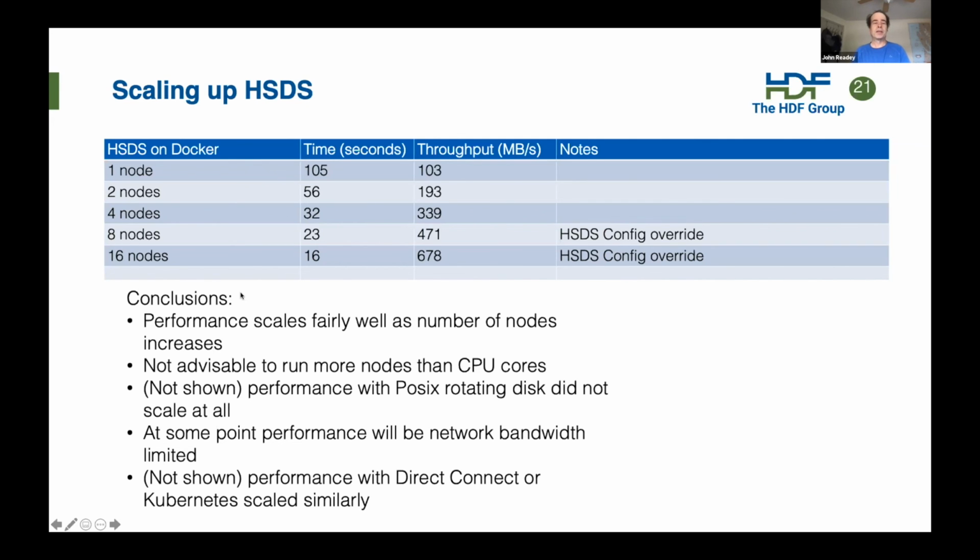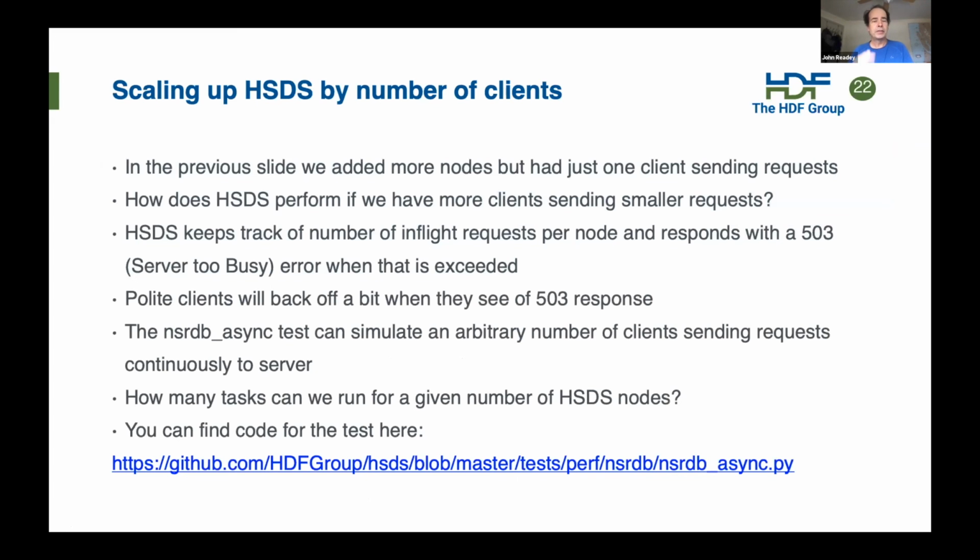Kubernetes performance scaled similarly to the performance of Docker. And then I won't go into detail here, but I spent some time investigating how performance scaled with the number of clients. So rather than one client, what if you have 100 clients all sending requests?